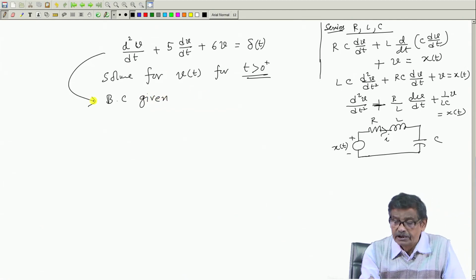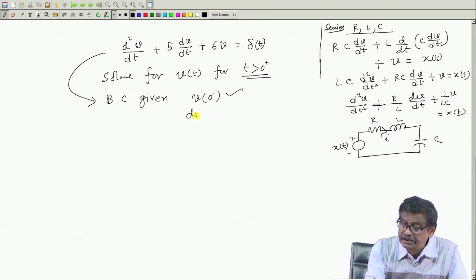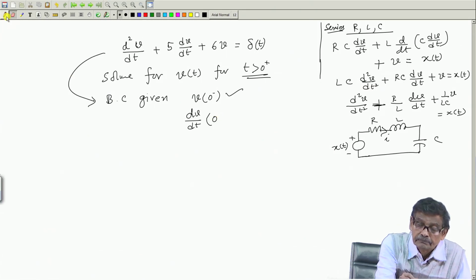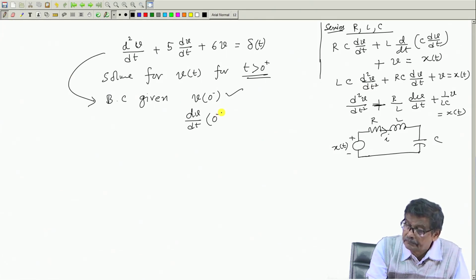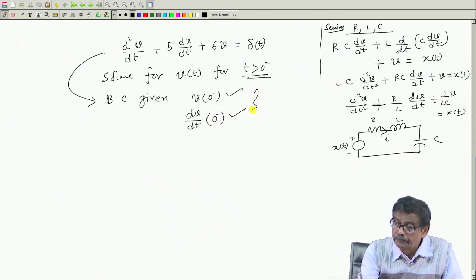There must be two boundary conditions. One is v(0 minus) is given, and another is dv/dt at 0 minus is given. These two boundary conditions are known, are given to you.